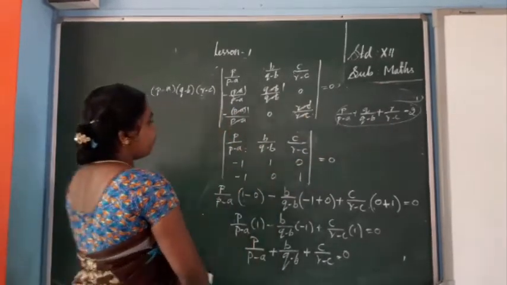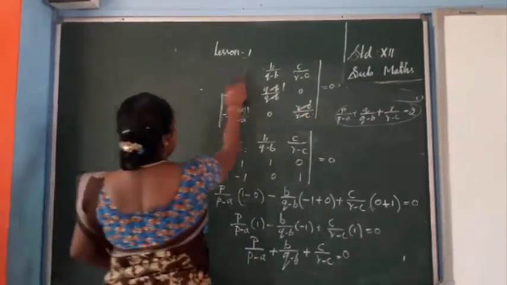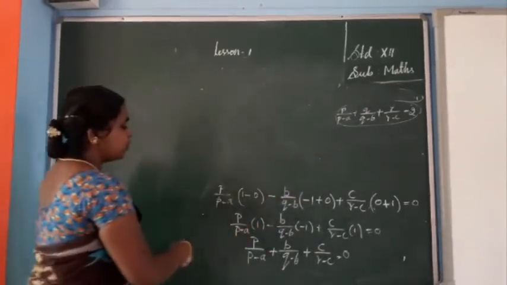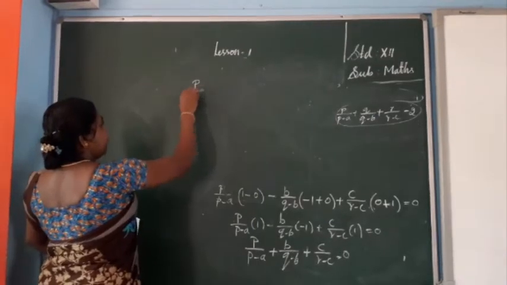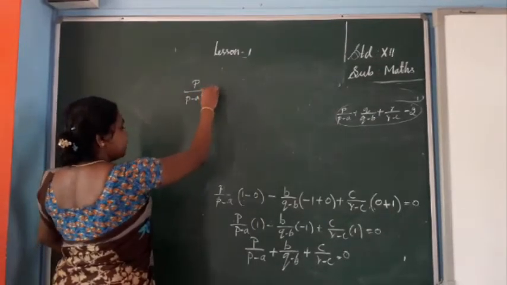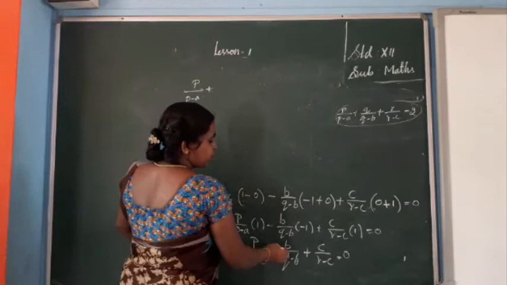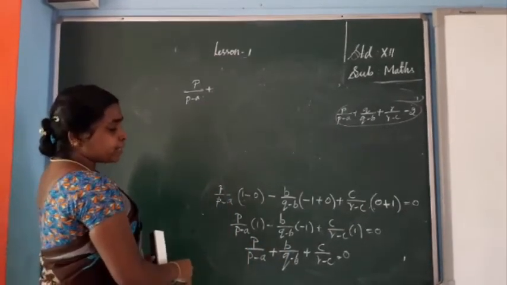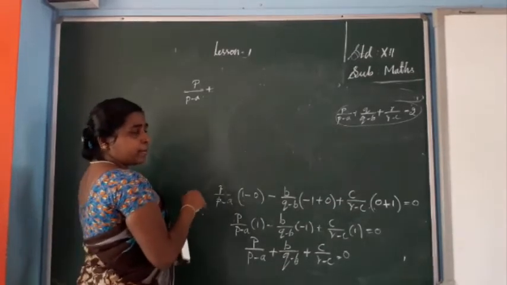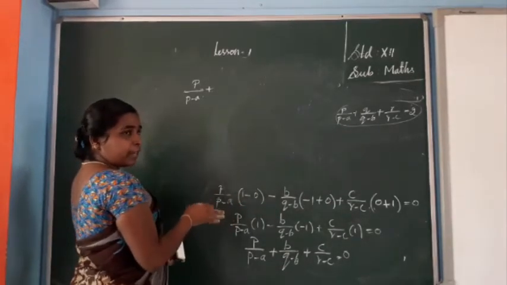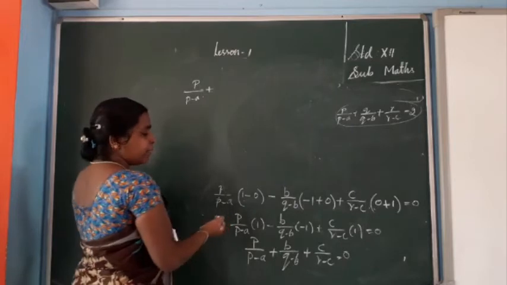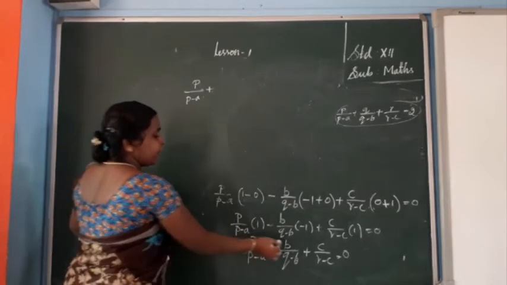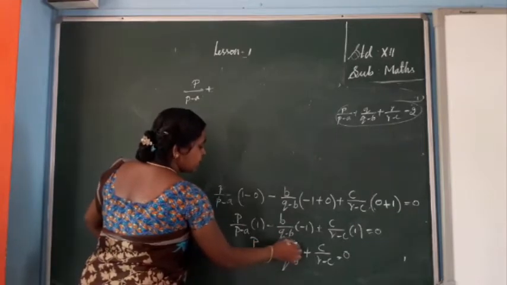So next step, we are going to adjust our second and third value. Okay, last two values. P by p minus a plus, in second part I am going to add 1q and I am going to subtract 1q in numerator. Okay, the same thing you are doing, add and subtract. Numerator in numerator, denominator in denominator. Okay, so it is adjustment only, but here I am going to adjust 1q.